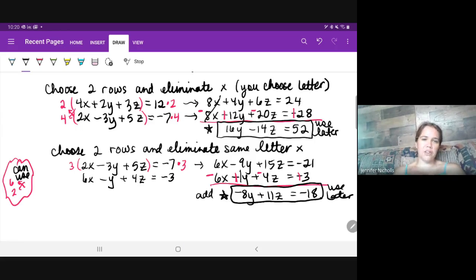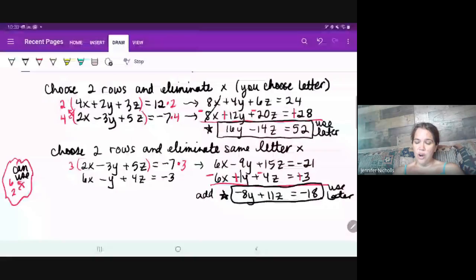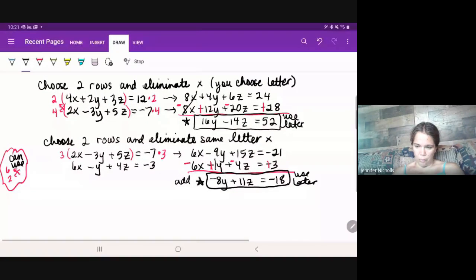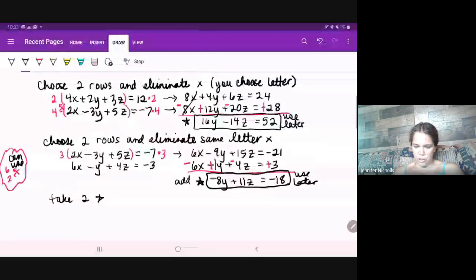And don't worry, you guys, you don't have like 10 of these for homework. I know they each take a long time. Okay. So now you're going to take your 2 starred equations.